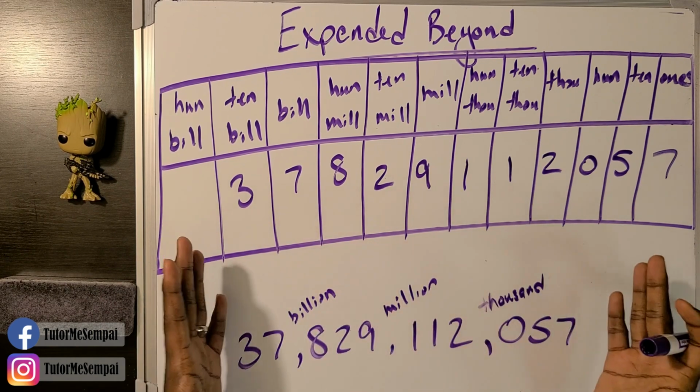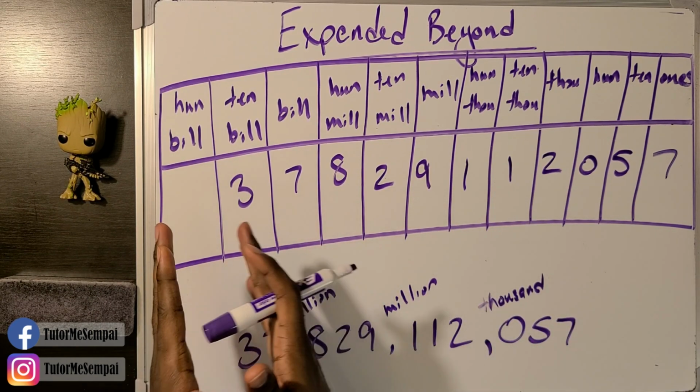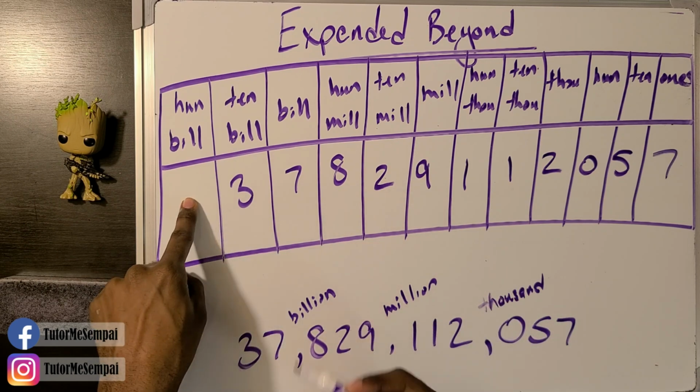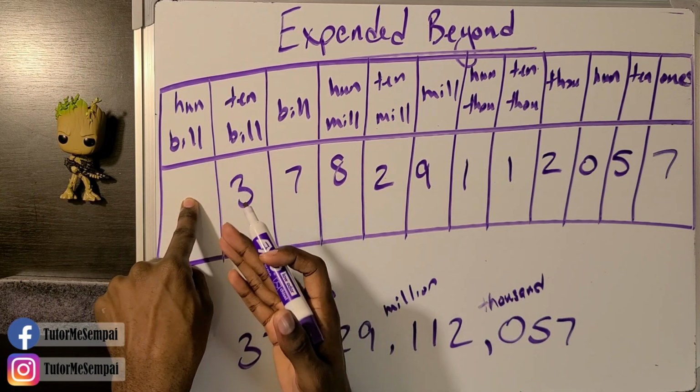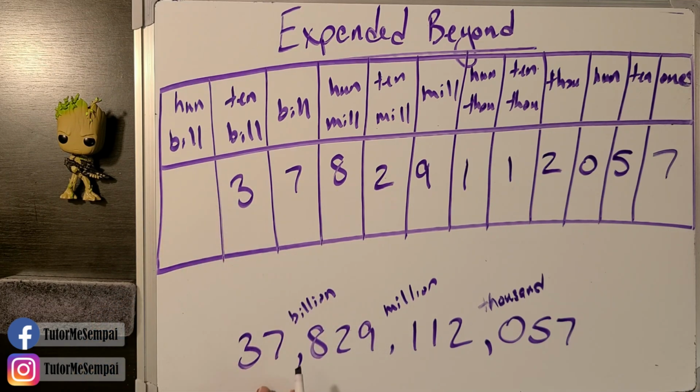So now that we filled everything in, let's check our work really briefly to make sure we didn't fill in something extra. When we read this number, we didn't read anything in 100 billions, did we? No, we said 37 billion. There were no 100 billions here, so it makes sense not to have any 100 billions. If we had something in 100 billions here, this would contradict what we read, and we don't want to do that.